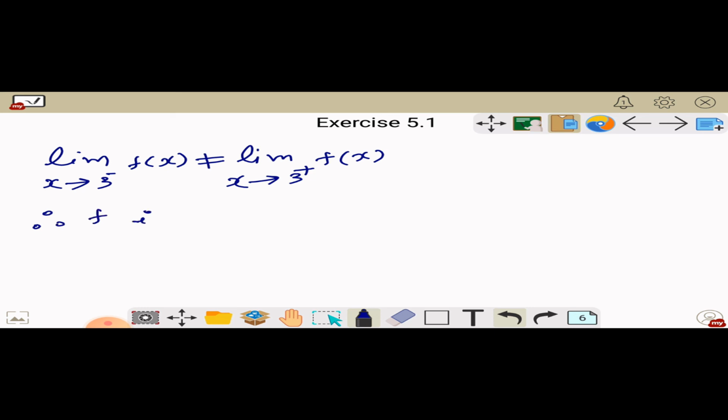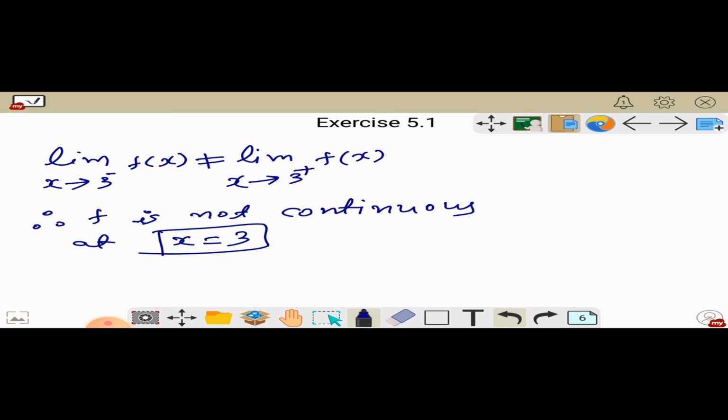Therefore, f is not continuous at x equal to 3. So we can say that point x equal to 3 is a point of discontinuity, right?